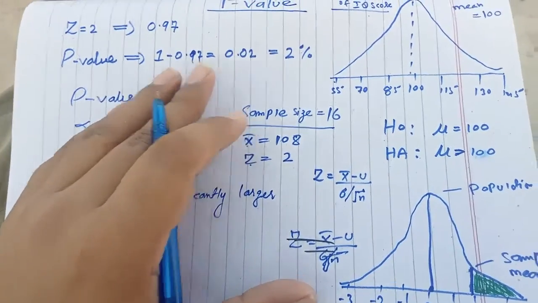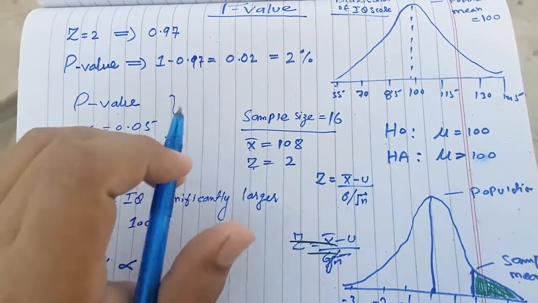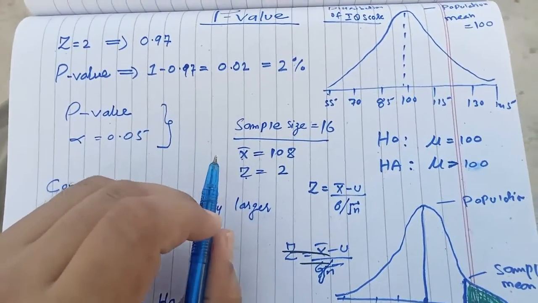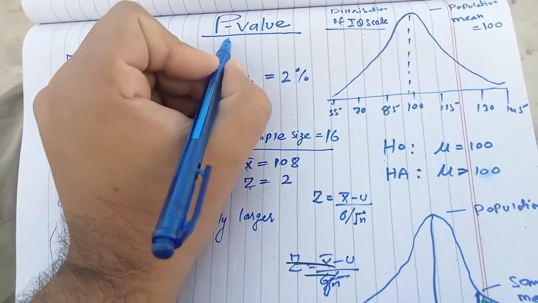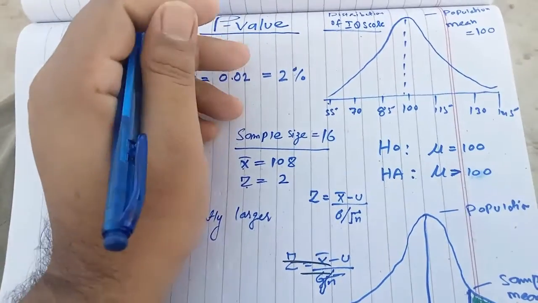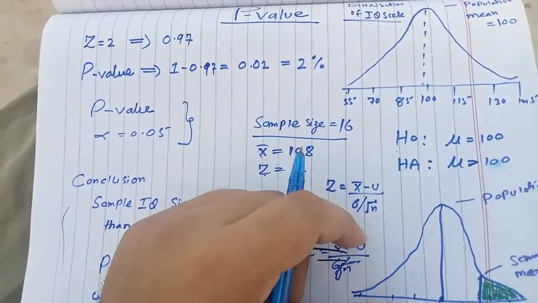That evidence is a probability, and that probability is denoted by the p-value. The p-value is basically the probability where we support the null hypothesis.